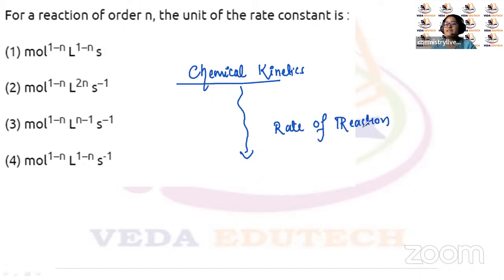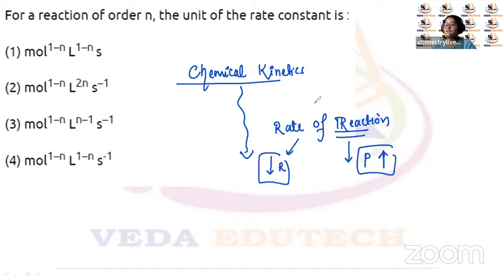Now, there are two ways in which the rate of reaction can be determined. What are those two ways, children? One is the decrease in concentration of reactant, or the increase in concentration of product. In a reaction, we have two things: the reactant and the product.